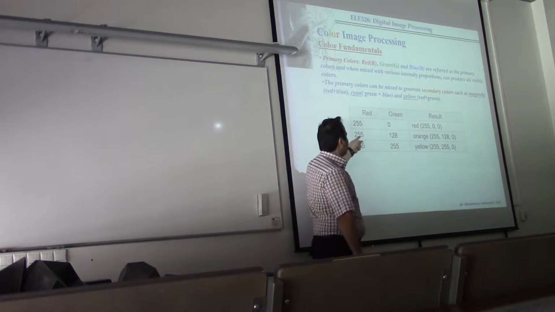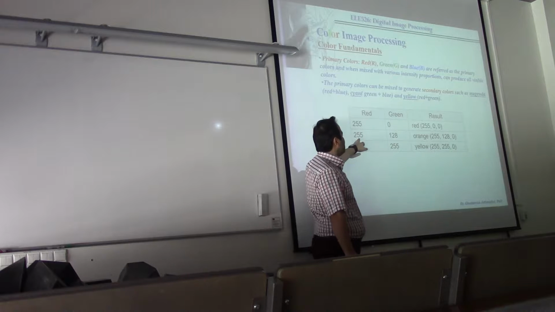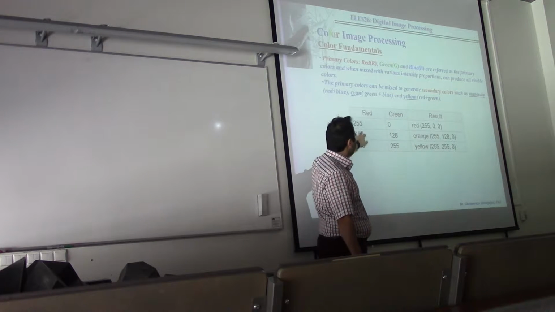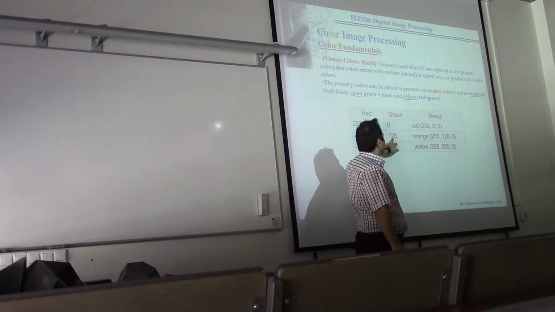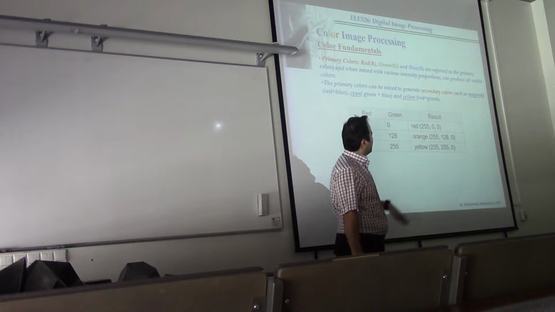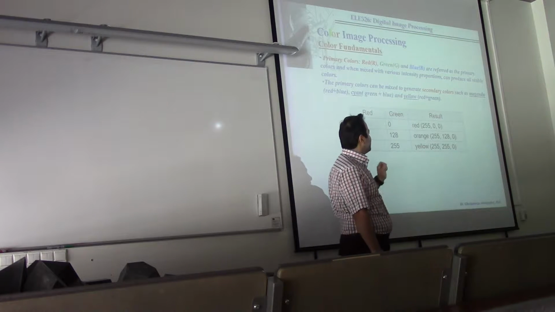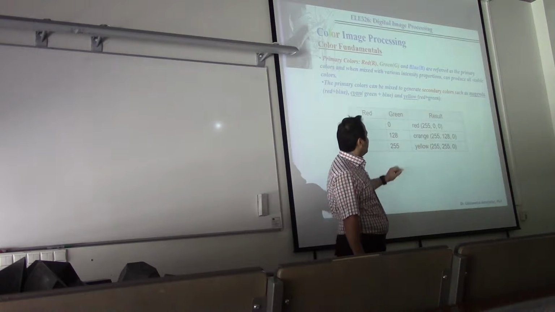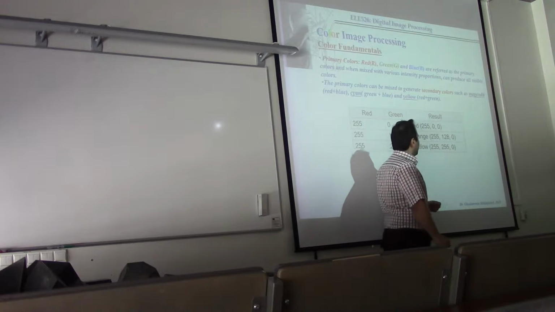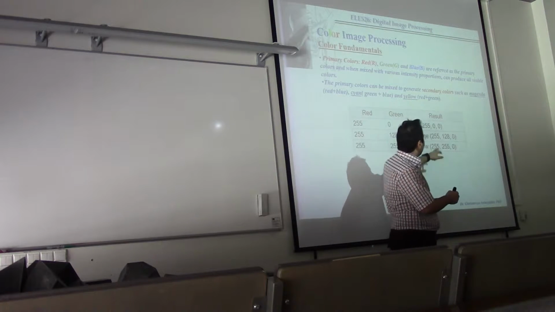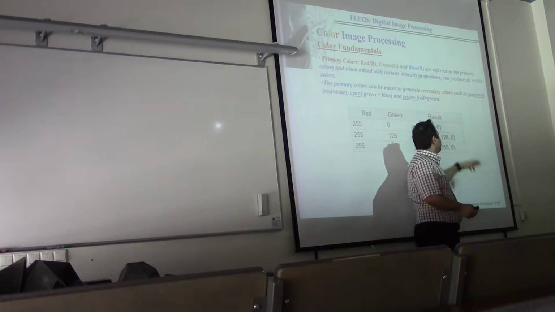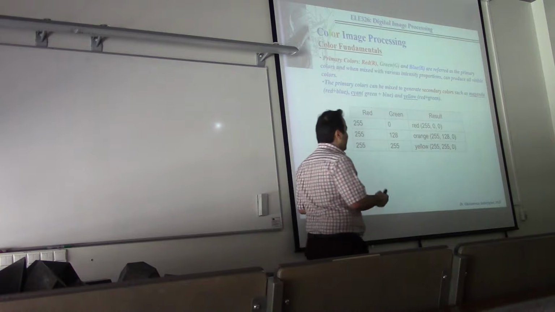But when we have the value 255 for the red matrix and the value 128 for the green matrix, and we consider the blue matrix pixel as 0, we can generate the orange color in the result image. It means we have 255 as red and 128 as green.